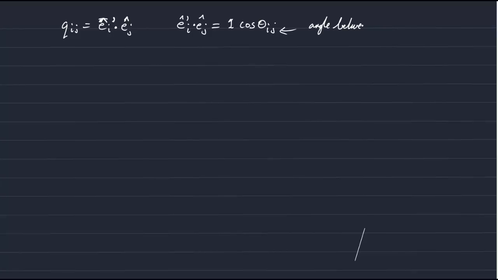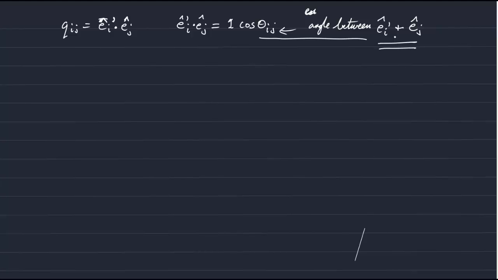between the ith unit vector in the transform system and the jth unit vector in the reference system. So each component q_ij is the cosine of the angle between each of these unit vectors.